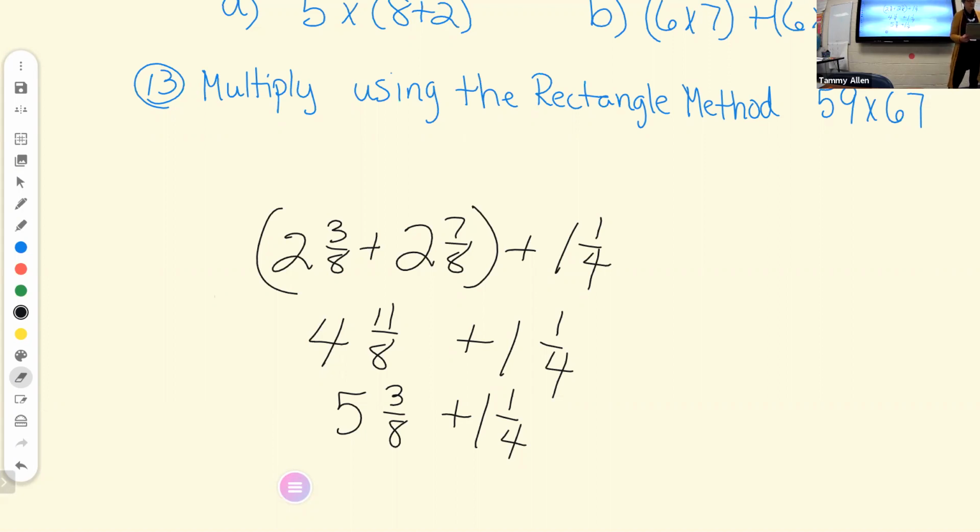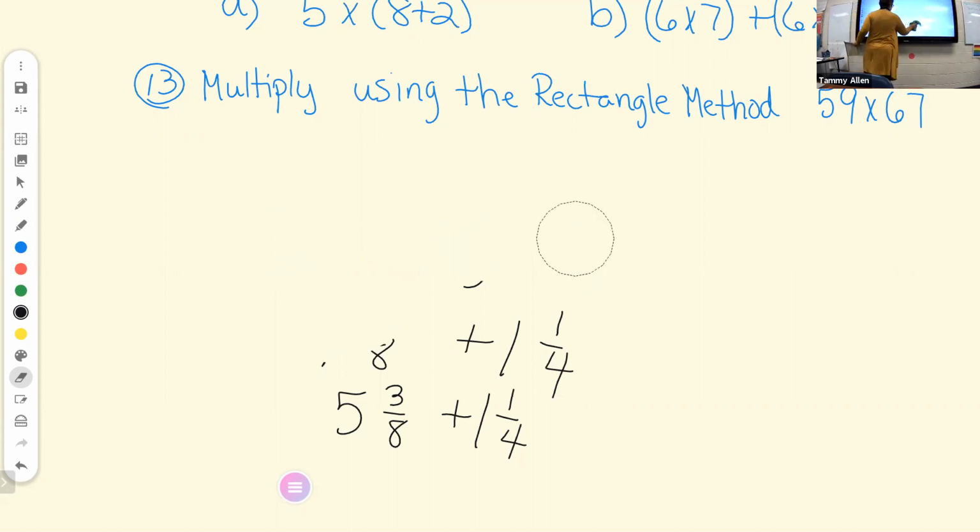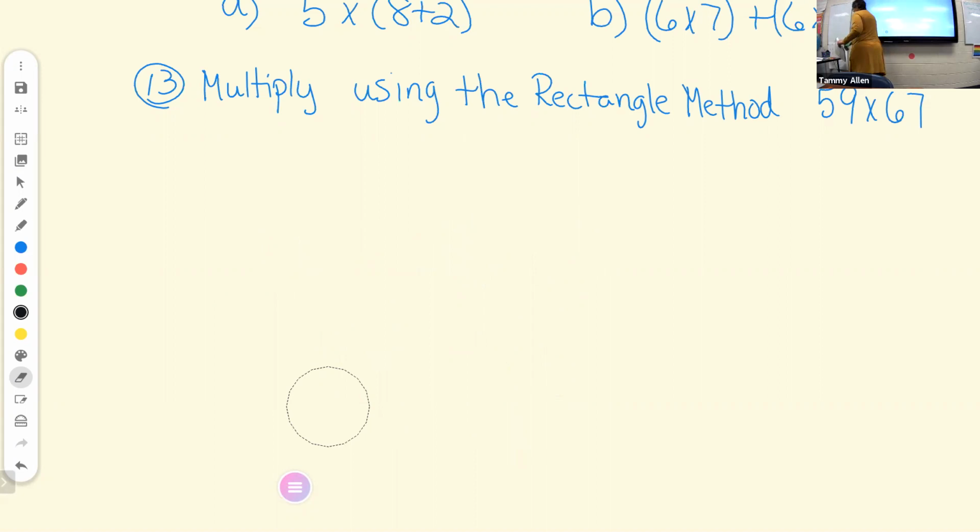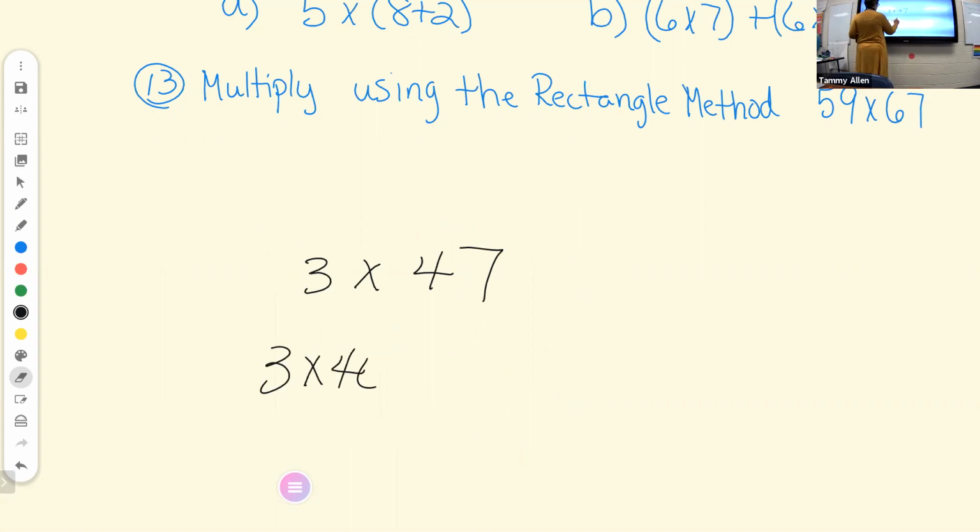For that one, it was 3 times 47, and she rewrote it as 3 times 40 plus 3 times 7. So in that one, what happened to this 47?